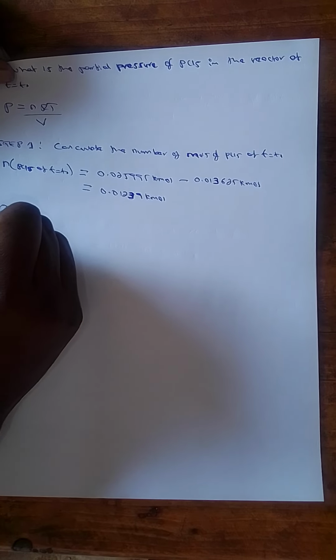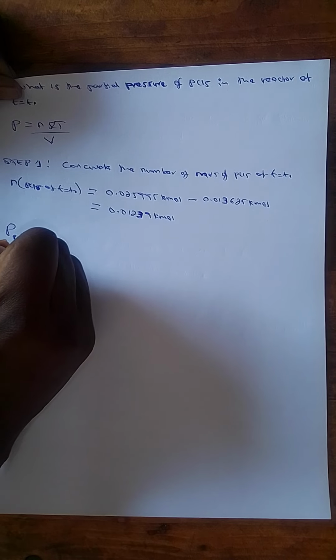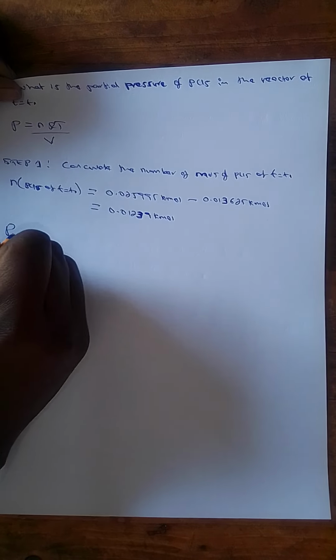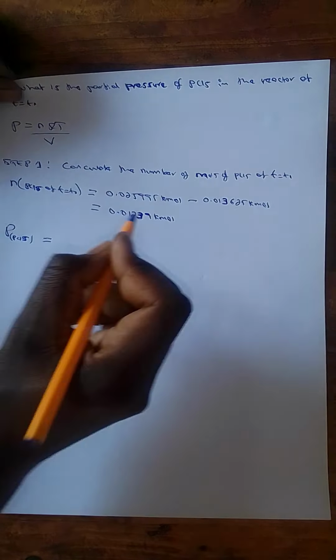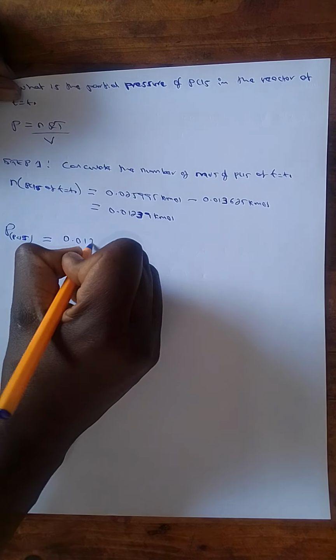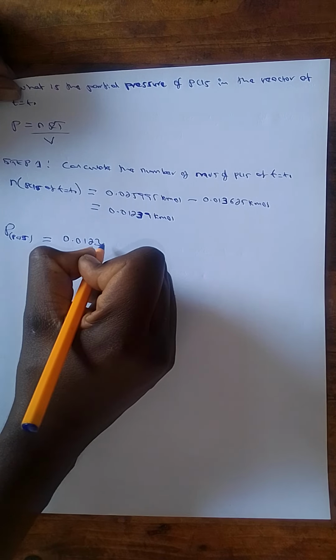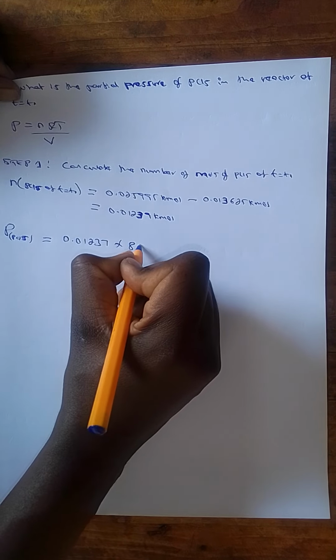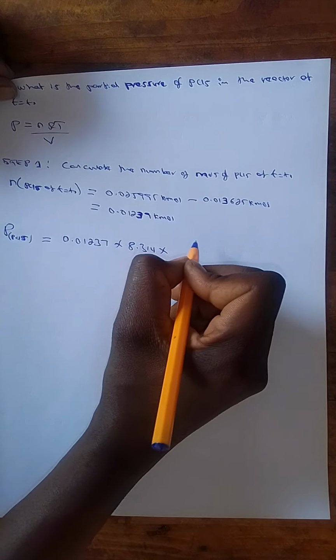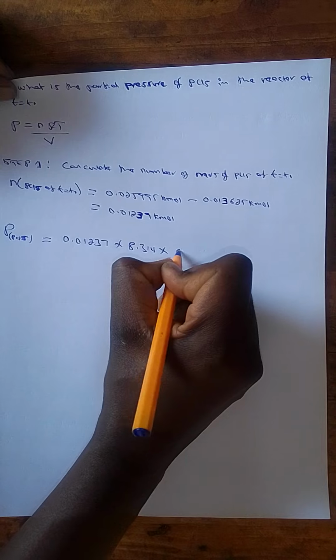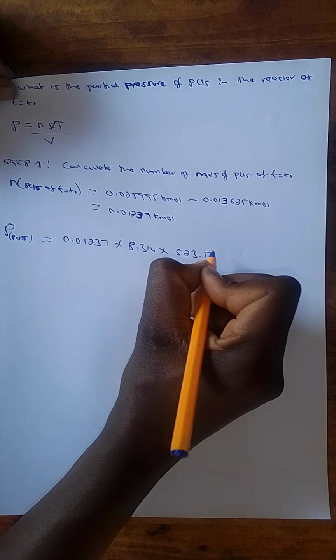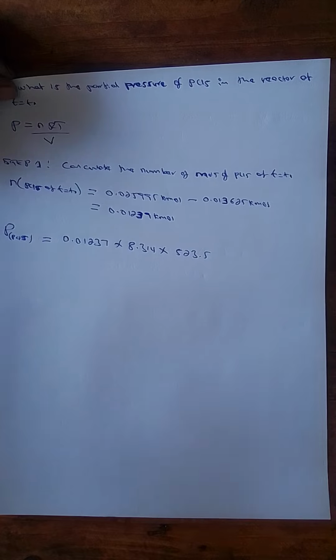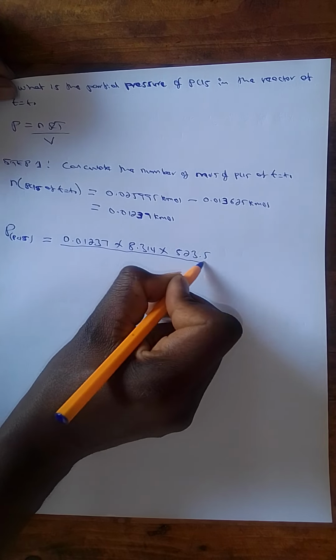Because we have it, we can say the pressure of PCl5, the partial pressure, is equal to the number of moles, 0.0123, multiplied by R, 8.314, multiplied by the temperature, which is 523.5 because it's 250.5 plus 273.15, all over the volume.